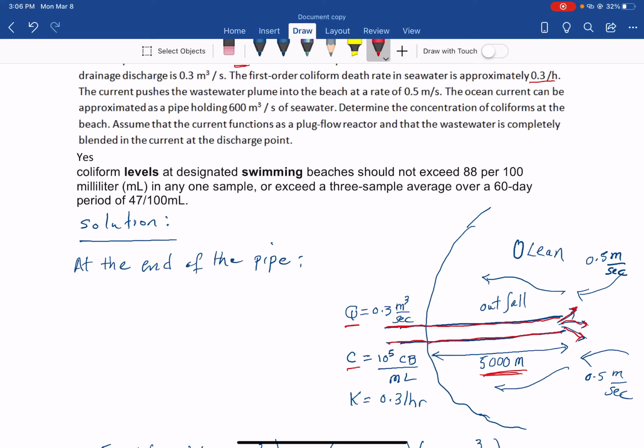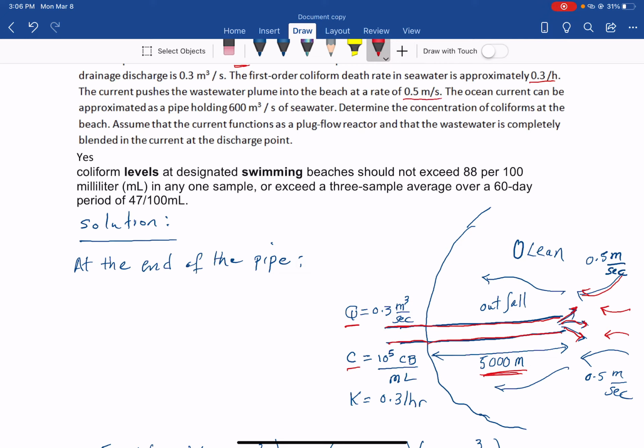It's pushing the wastewater inside the Gulf, and then there is the seawater current, or the Gulf current, pushing this wastewater back to the beach. And this rate is 0.5 meter per second.